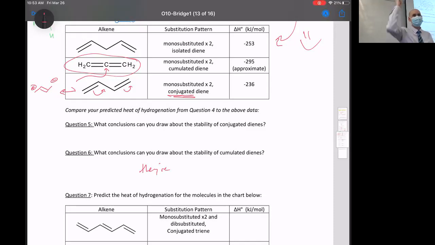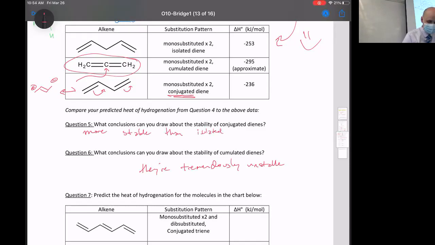I thought. Okay. They're tremendously unstable. All right, so accumulated dienes are tremendously unstable, and that's all we'll ever talk about. All right, but conjugated dienes, they are more stable than isolated dienes by how much?